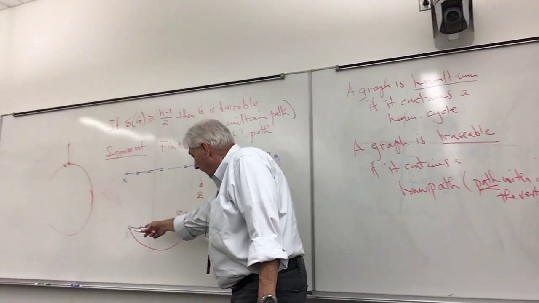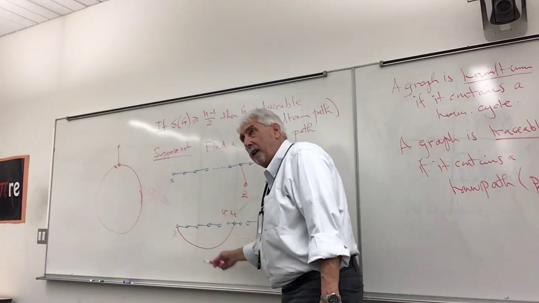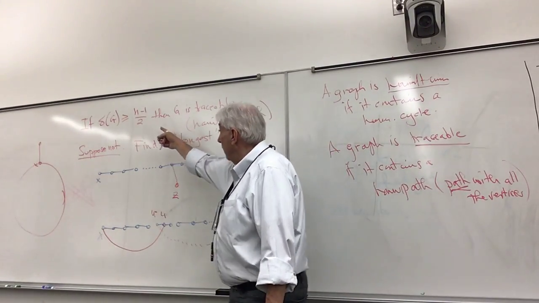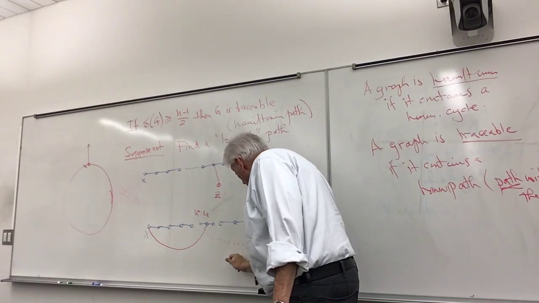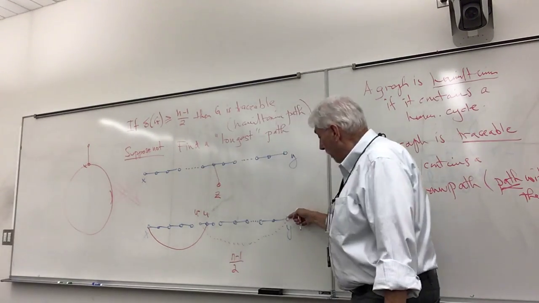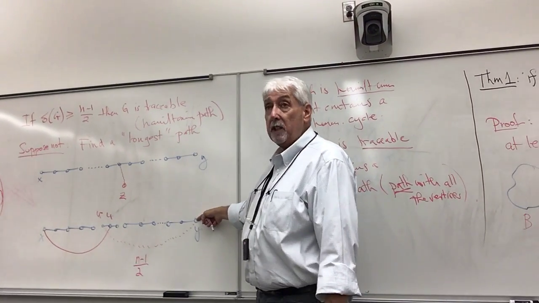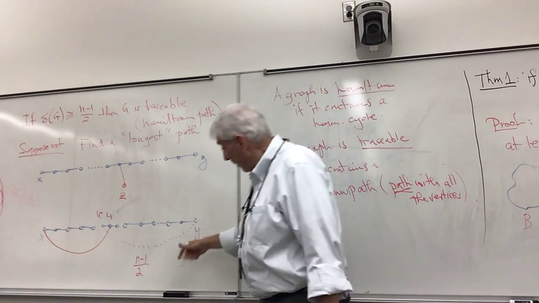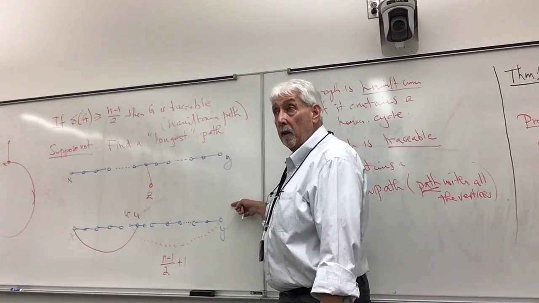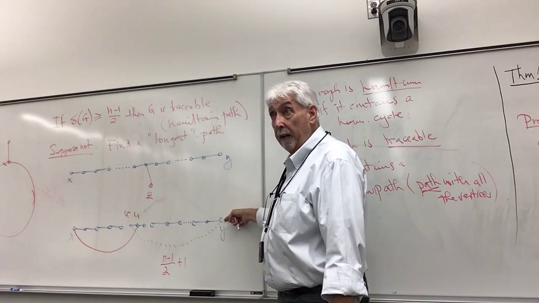So how many adjacencies of x are there? N minus 1 over 2. So n minus 1 over 2 gives me n minus 1 over 2 points that y is not adjacent to, plus 1. The 1 comes from itself, y.